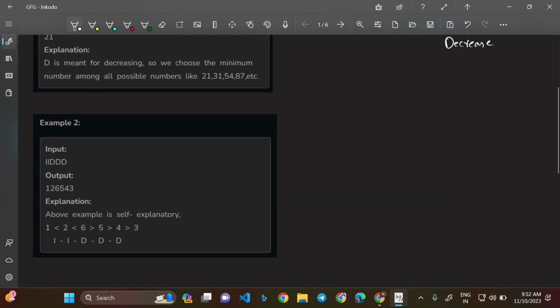So what do I mean by that? Let us take this particular example itself, IDDD. This second point is the most wonderful logic. Once you find this, you have almost solved the question.